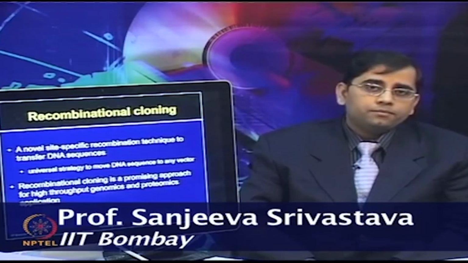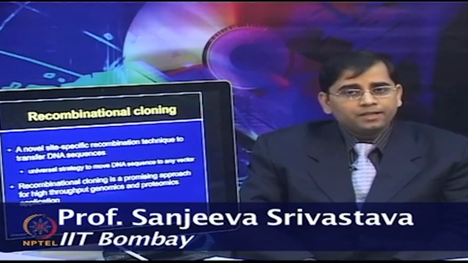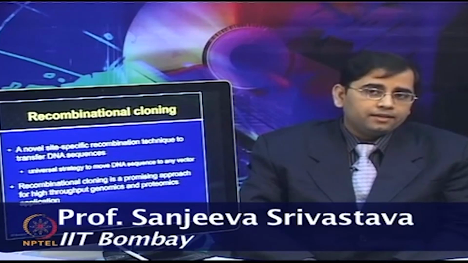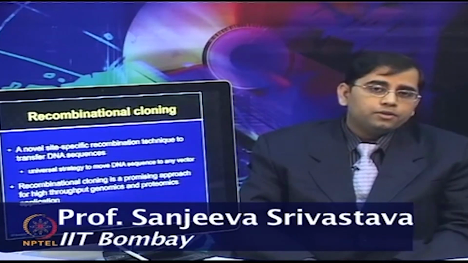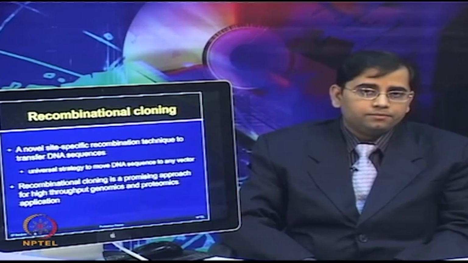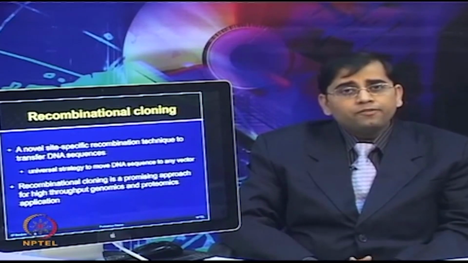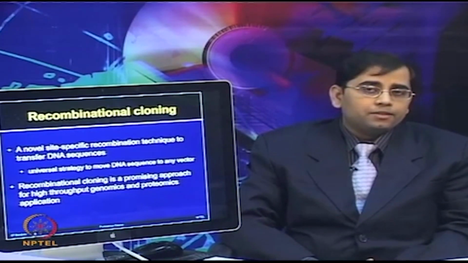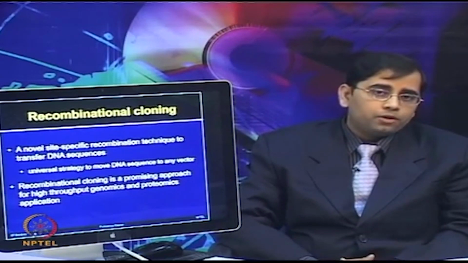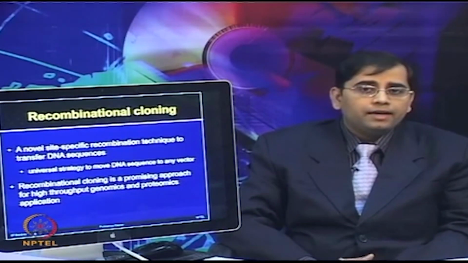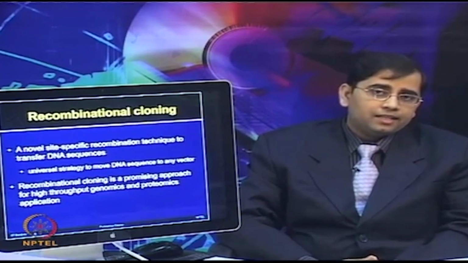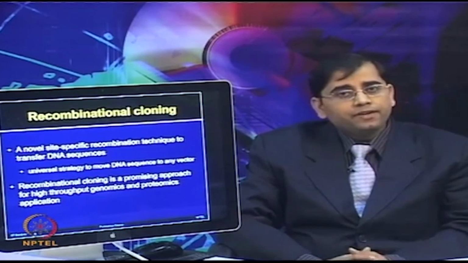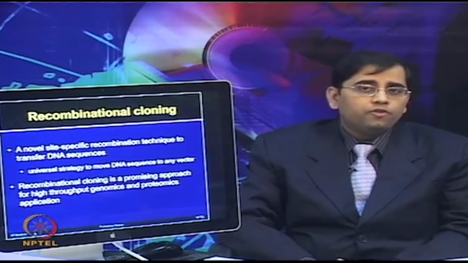So, as I mentioned, recombinational cloning is a novel site-specific recombination technique which is used to transfer DNA sequences. The specific recombinase enzymes cleave the DNA backbone and carry out interchange of DNA helices between the specific sites on two different molecules.